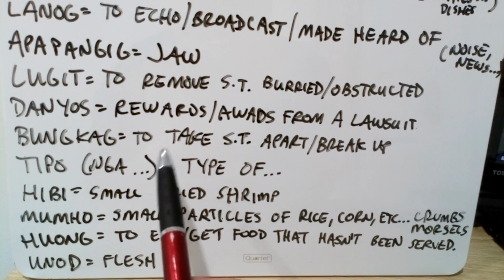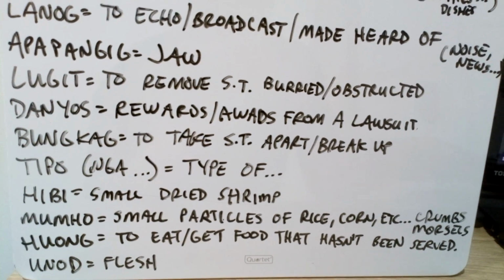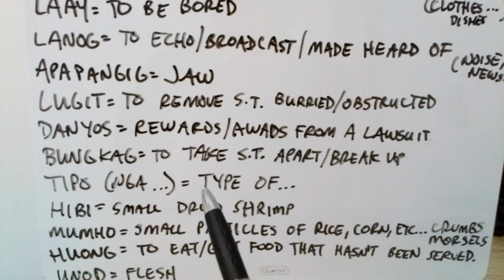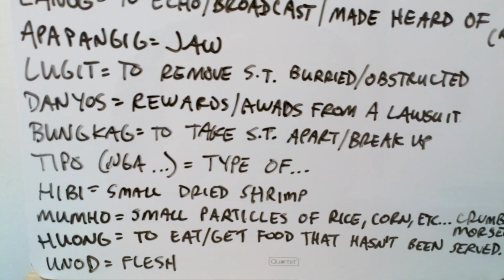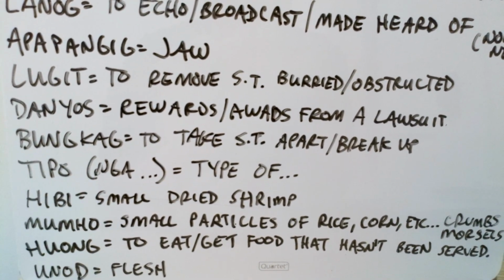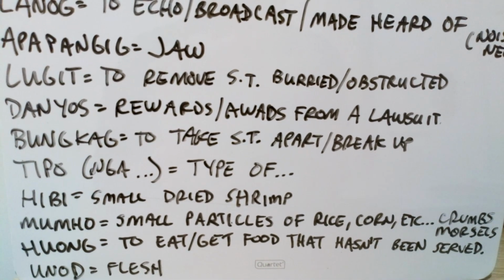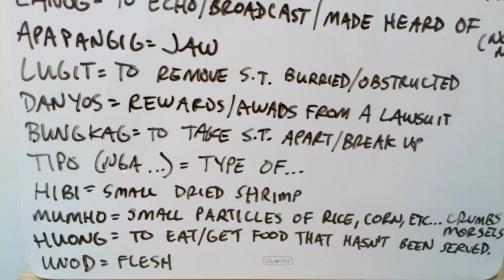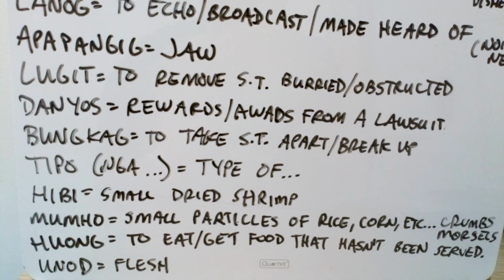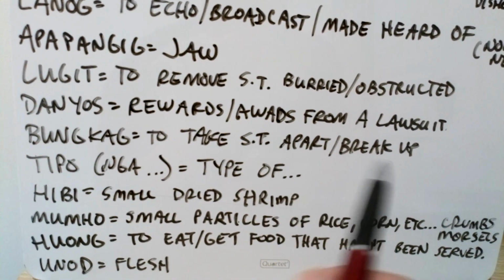Bungkag means to take something apart or break up, right? So, for example, if I had a pile of boxes and I keep opening up these boxes just to see what's inside them because I get paranoid that I might be losing or missing some things, I'm constantly breaking up and taking something apart, like the boxes.